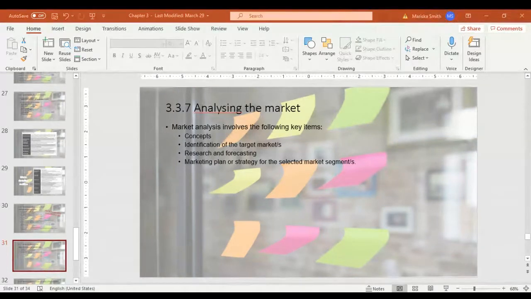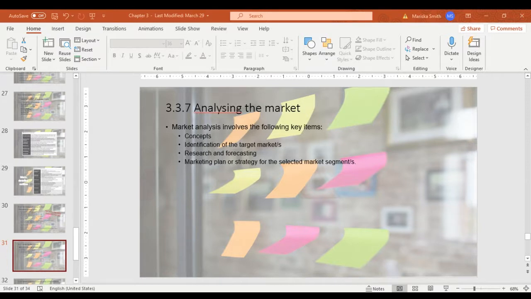Then research and forecasting. If we were to open our business now, how successful will we be? Just coming out of COVID, do we maybe need to wait another 6 months or so? We need to go and do our research before we even open our business. And then guys, obviously we need to have a marketing plan.